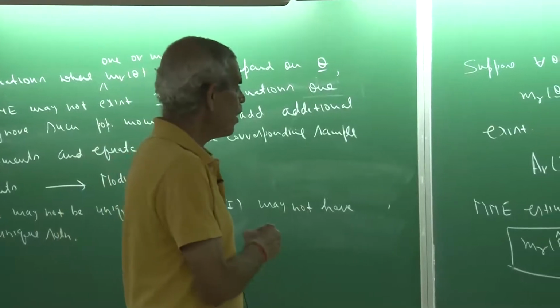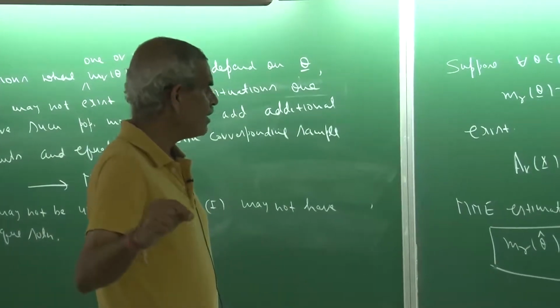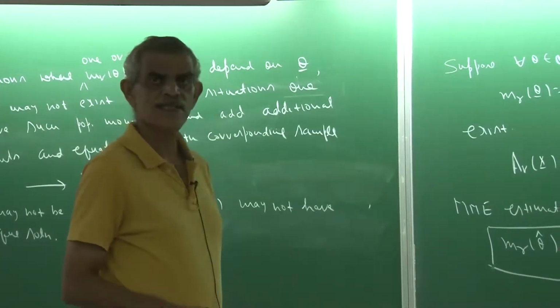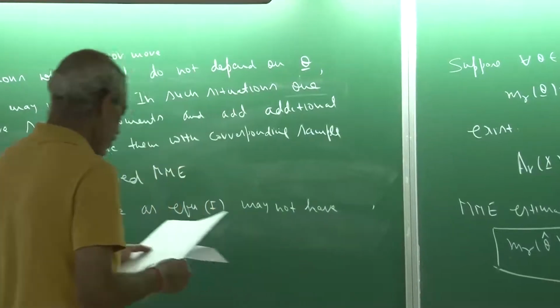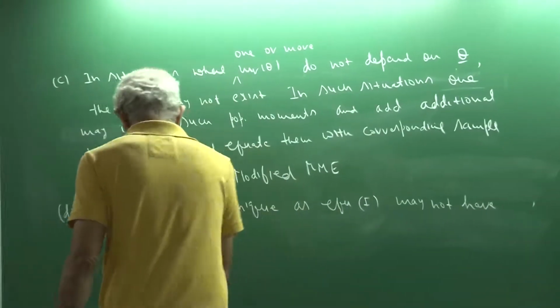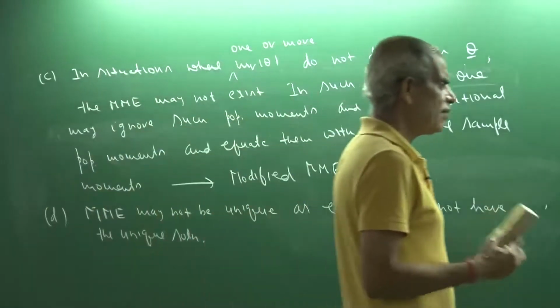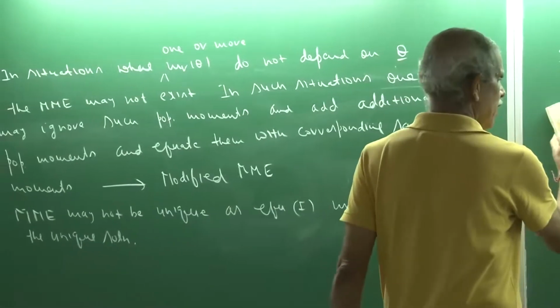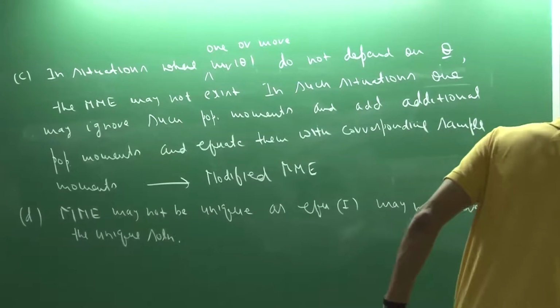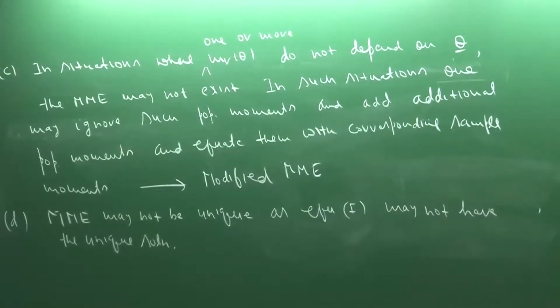So A1, A2, ..., Ak is a consistent estimator for M1(theta), M2(theta), ..., Mk(theta). So let me add that remark over here.